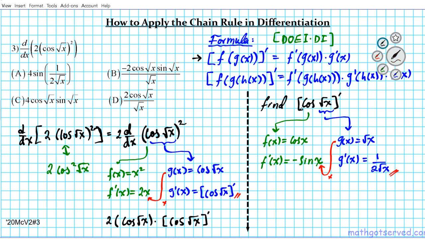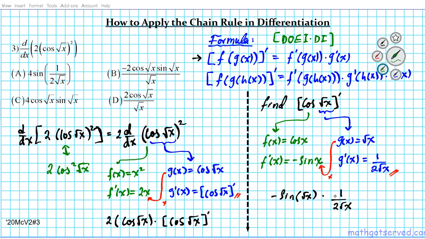Okay, so the derivative of cosine root x is negative sine root x, that's the derivative of the outer evaluated at the inner, times the derivative of the inner, 1 over 2 root x.